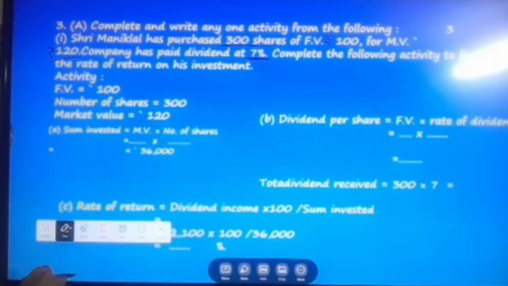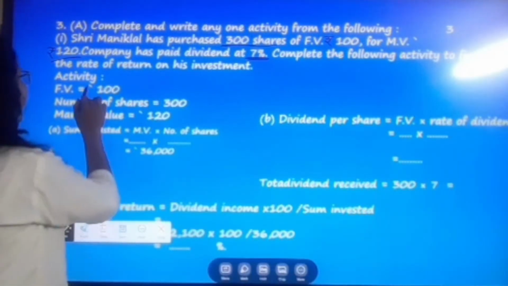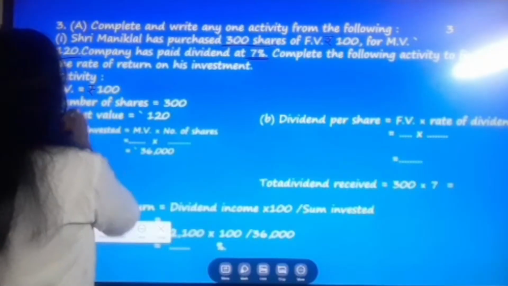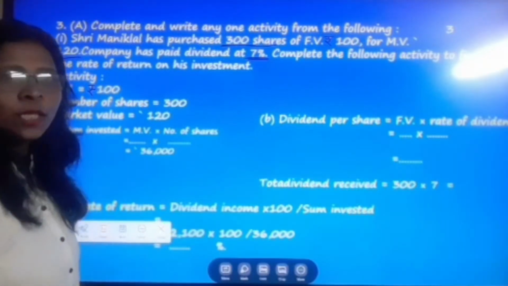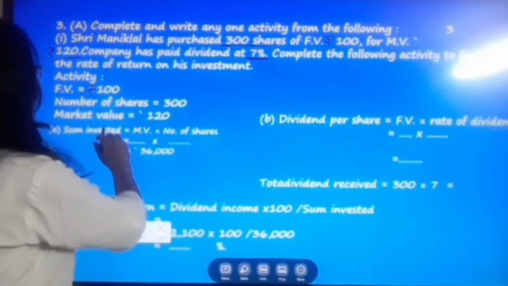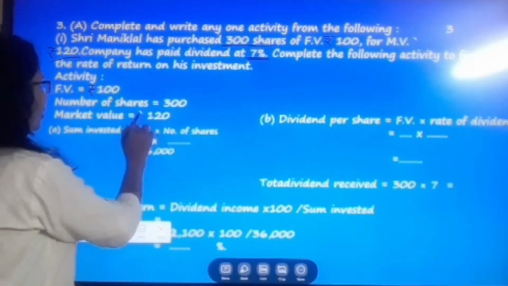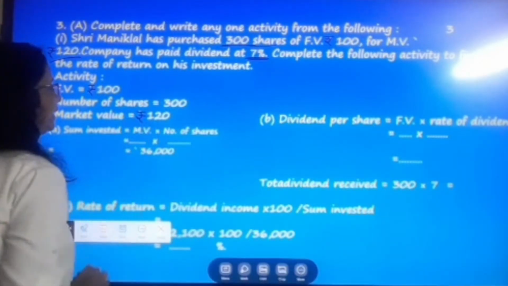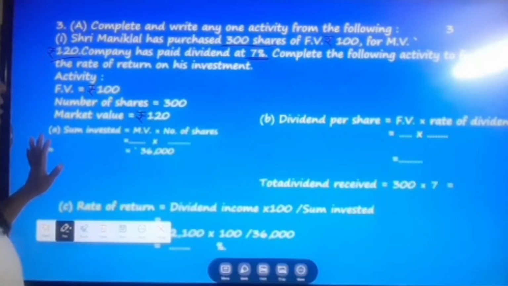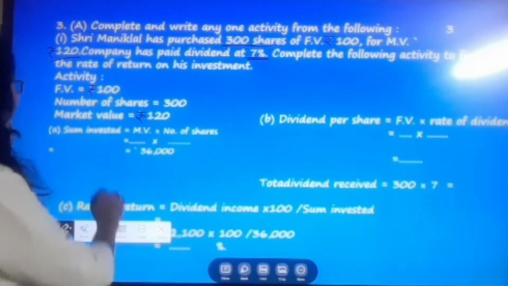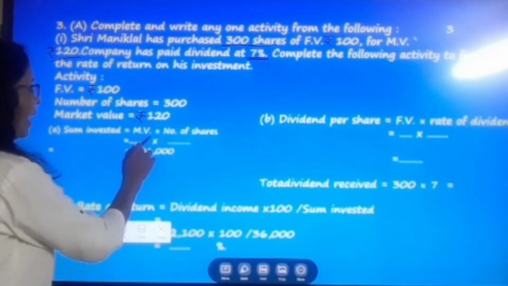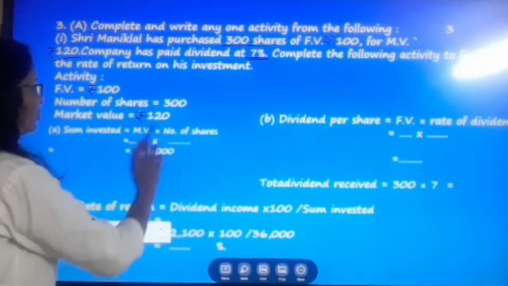So here the activity. First, the given is that face value is equal to rupees 100. Number of shares is equal to 300. Market value is equal to rupees 120. Then the first activity, sum invested is equal to market value multiply number of shares.